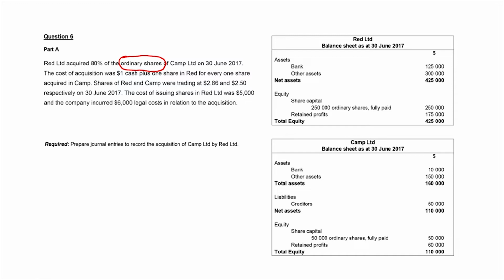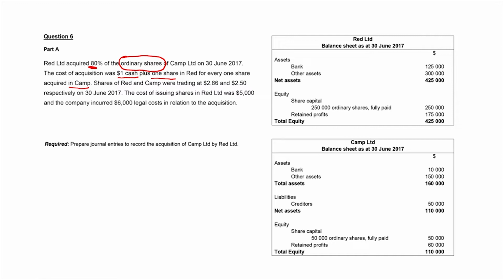So all we need to recognize is the amounts that we want to invest in that particular entity. So in this question, it says that Red Limited acquired 80% of the shares, and they are able to offer $1 cash plus 1 share of their own. So it's 1-for-1 acquisition for this one.